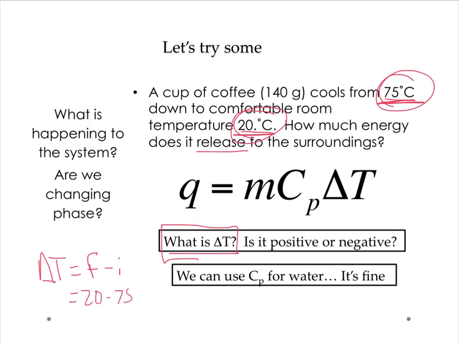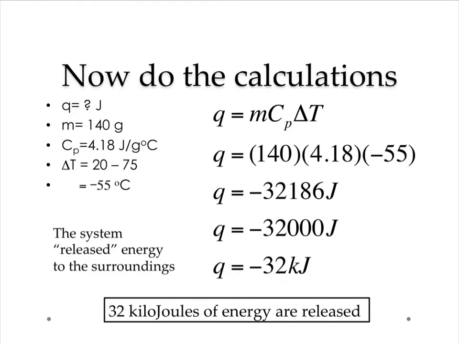20 minus 75. And then we're also going to use the CP for water, because coffee is pretty much water with a little bit of flavoring in it. So we can use this. So here we have the calculations for the change in temperature.